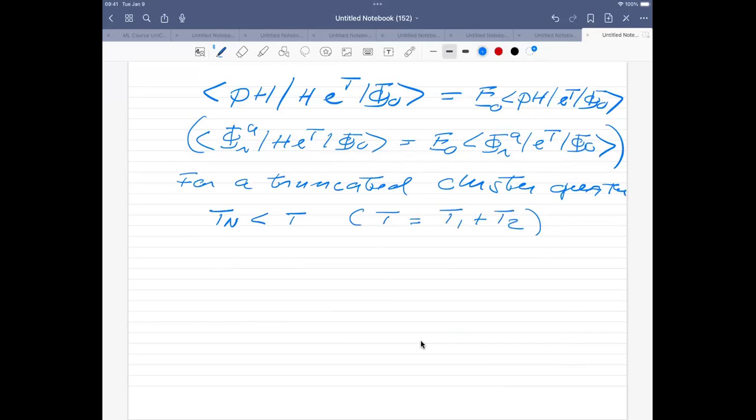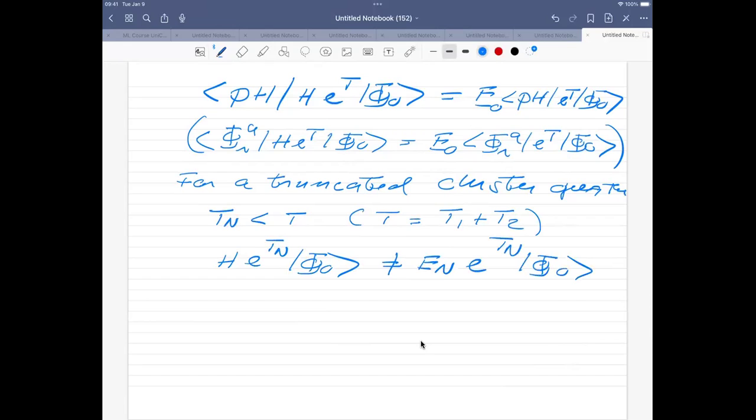In that case, we know that if I operate with this operator, I get e to the T_n phi 0, and this is no longer a true eigenstate of the system. So this is going to be different from an eigenstate multiplied with T_n phi 0.